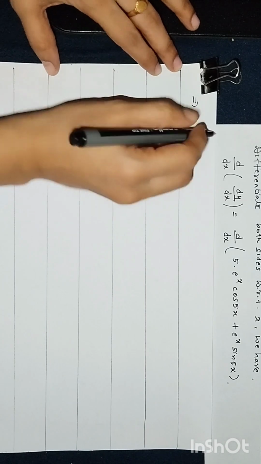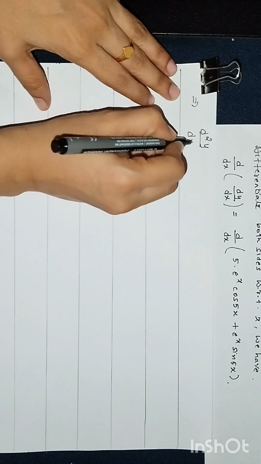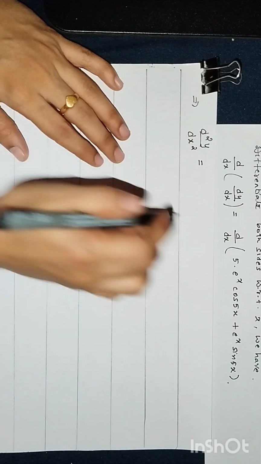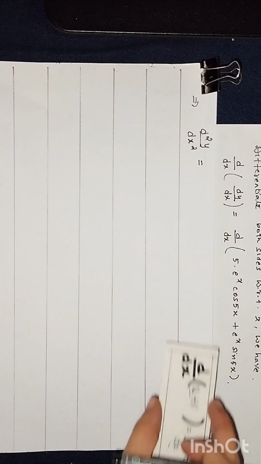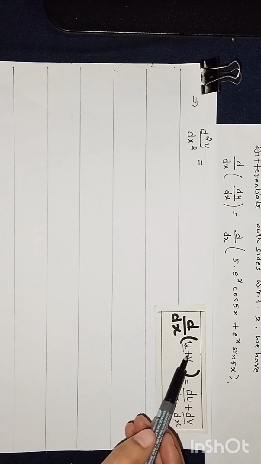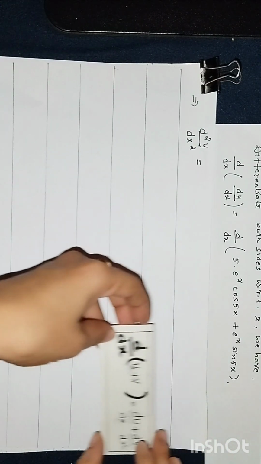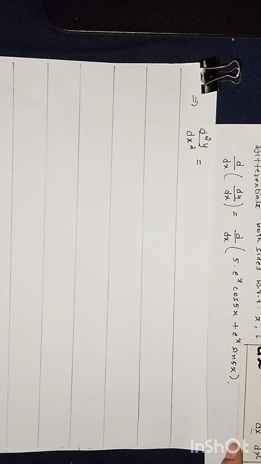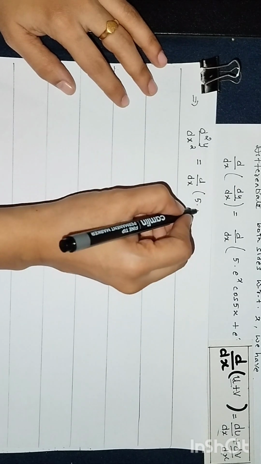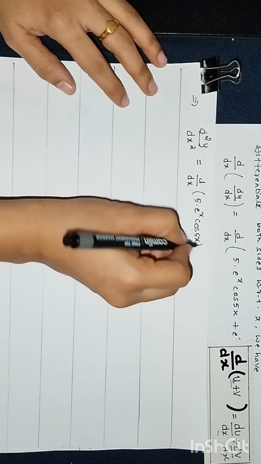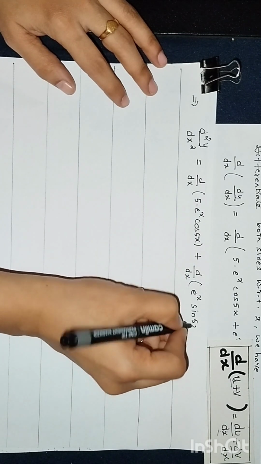Now d by dx of dy by dx is the second order derivative, so we will write d square y by dx square is equal to, d by dx of u plus v. When you have the sum of two functions, we will apply the sum rule: du by dx plus dv by dx. So we write d by dx of 5 into e power x cos 5x plus d by dx of e power x sin 5x.